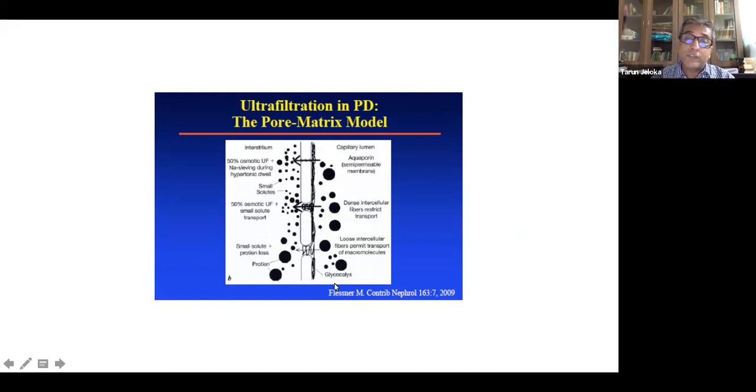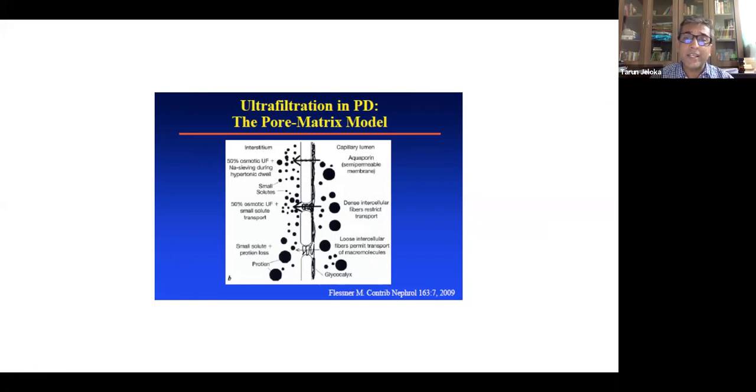Now, whether the glycocalyx results in a pore allowing macromolecules to transfer or a smaller pore which allows only smaller solutes to transfer depends upon the density of the glycocalyx. If the density of glycocalyx over the membrane is dense, very high, then probably the pore size will be smaller, only working for smaller solutes.